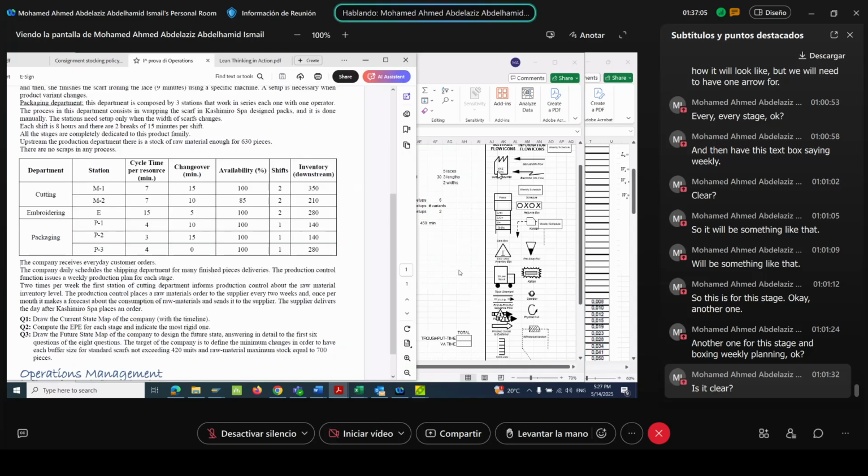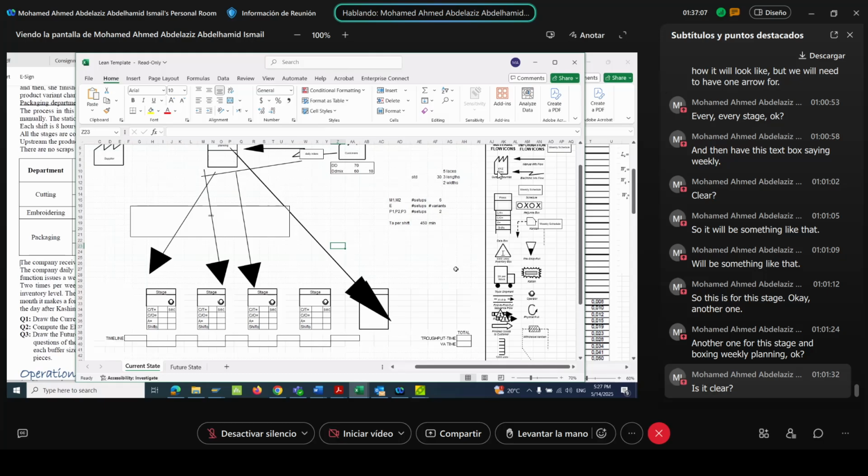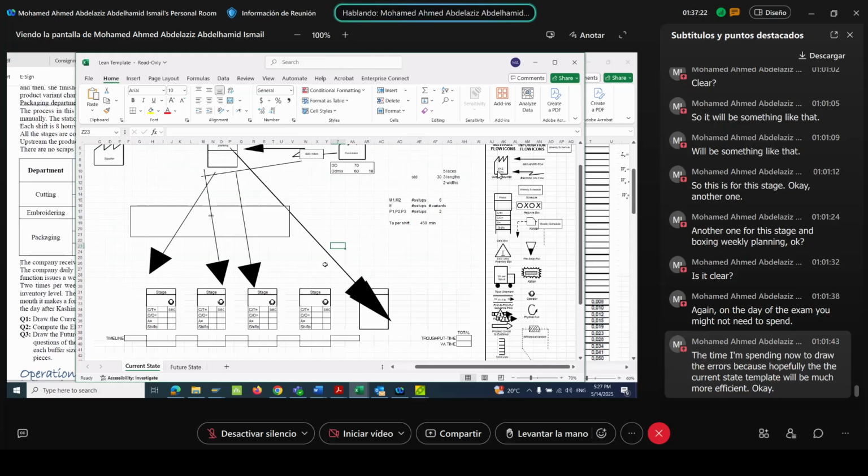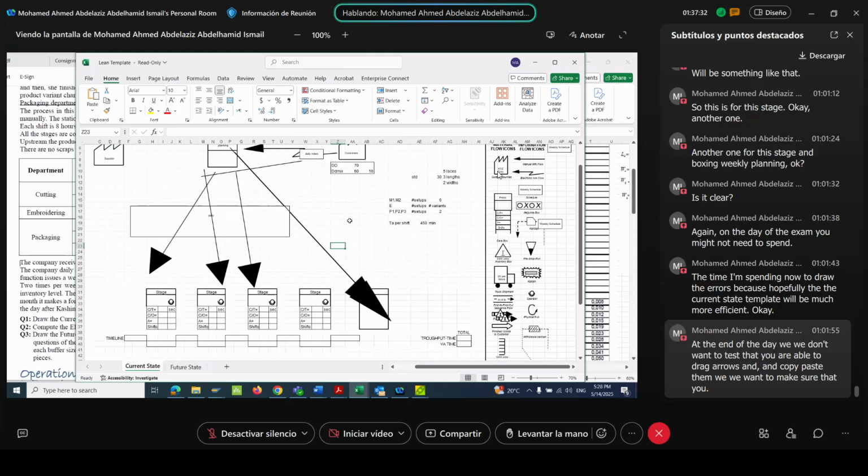Again, on the day of the exam, you might not need to spend the time I'm spending now to draw the arrows, because hopefully the current state template will be much more efficient. At the end of the day, we don't want to test that you are able to drag arrows and copy paste them. We want to make sure that you understand the concept. So don't worry about that aspect.